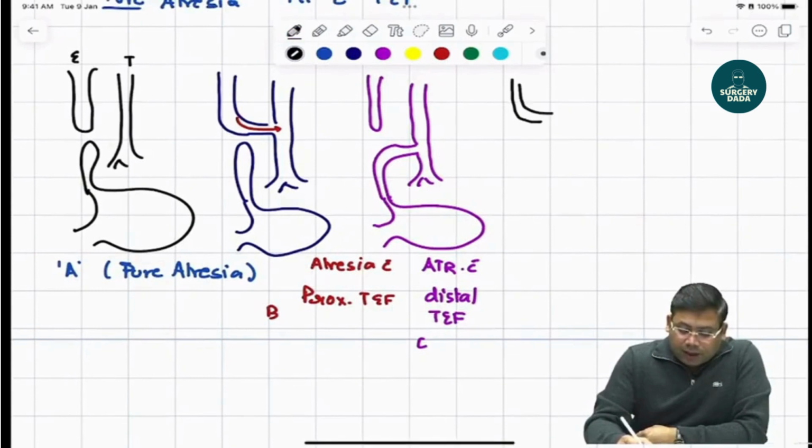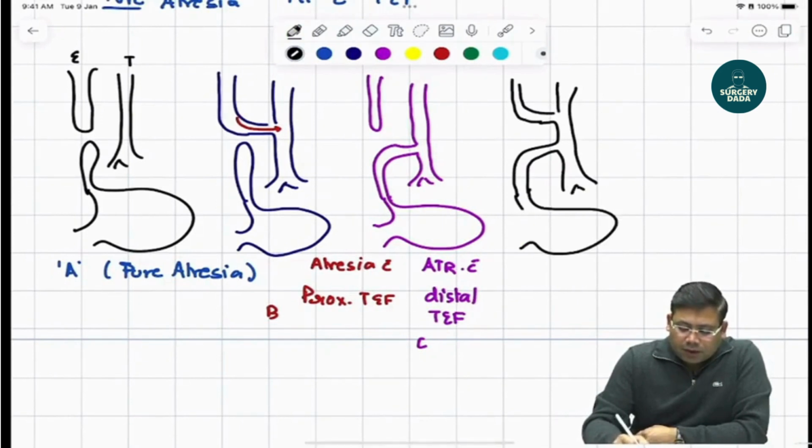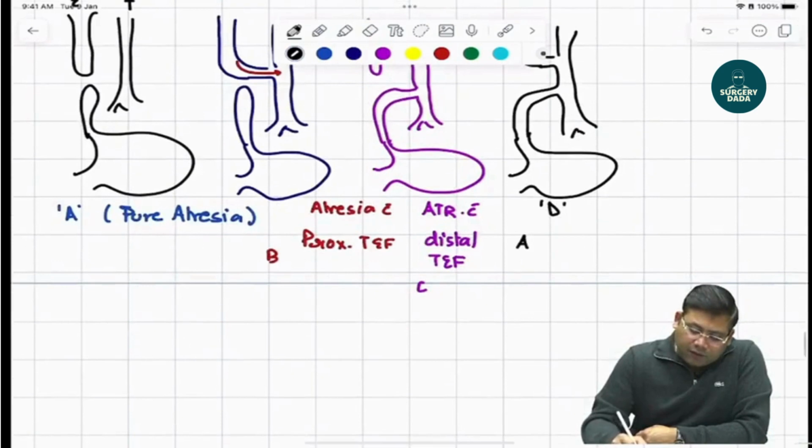The atresia is there, but the proximal connection is also there, the distal connection is also there. We have atresia with combined fistula, so proximal plus distal TEF.